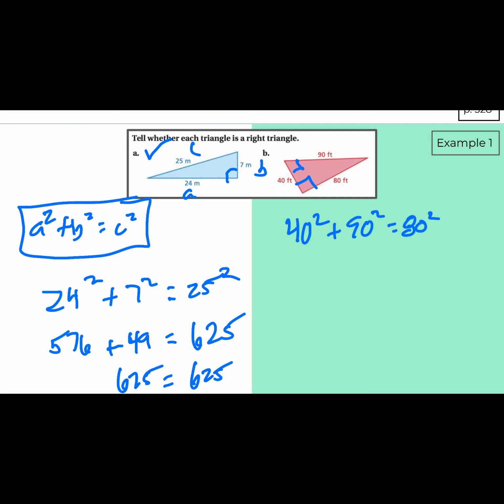So when we're setting this up, we need to make sure that if there's any chance that this is a right triangle, it would have to be right here because that is our longest side. So it would have to be 90 squared equals 40 squared plus 80 squared. Take 90 squared, 40, 80, and then let me know once you get what that is. 1600.